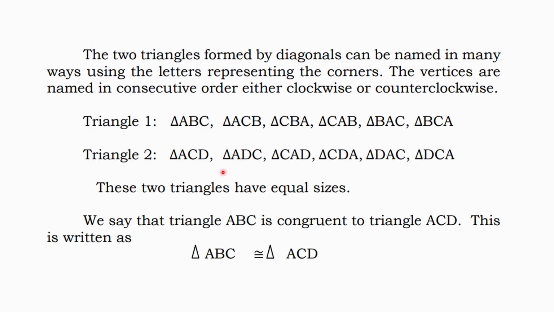Triangle 2: triangle ACD, triangle ADC, triangle CAD, triangle CDA, triangle DAC, and triangle DCA. These two triangles have equal sizes. We say that triangle ABC is congruent to triangle ACD.